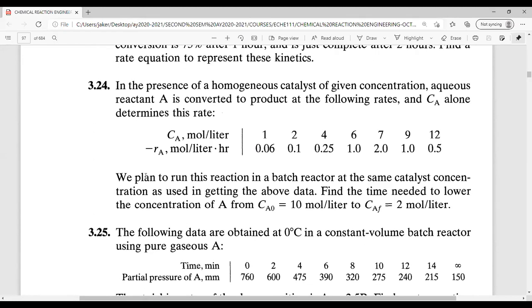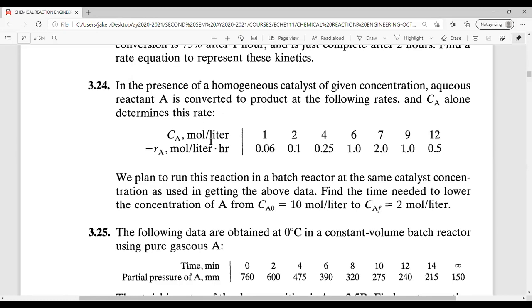In the presence of a homogeneous catalyst of given concentration, aqueous reactant A is converted to product at the following rates and concentrations. The rate is determined by CA alone.